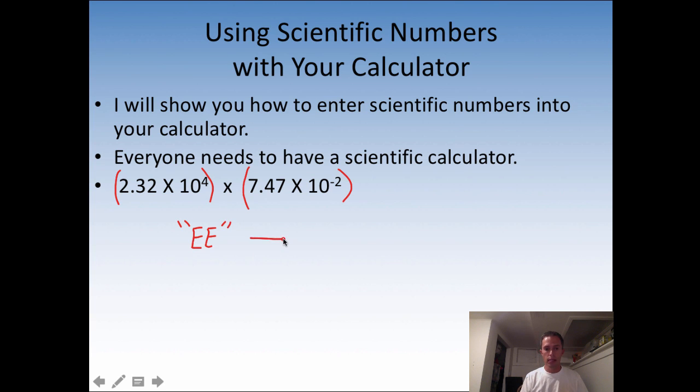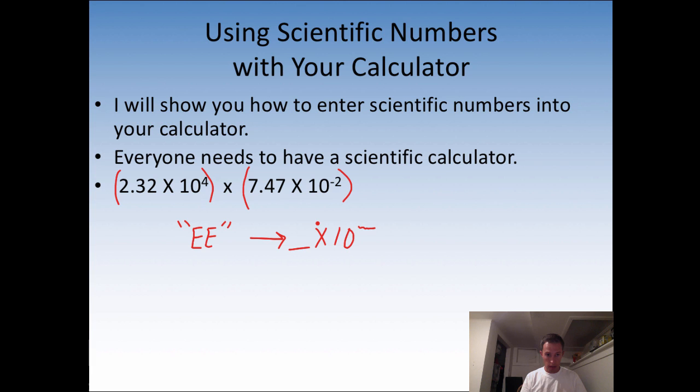It means times 10 to the something. So it's a shortcut button. We'll have to enter the coefficient, but if you hit the big E, it will automatically write all of this in for you. And it takes care of our order of operations, so you make a lot fewer errors if you use this button. Let's practice this one.